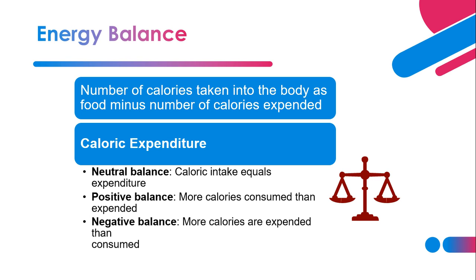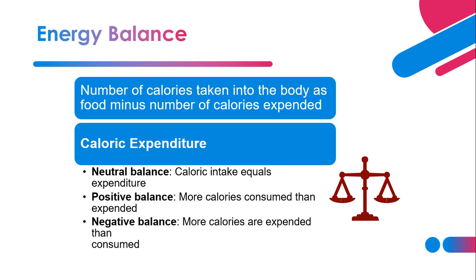Energy balance is important to achieving a favorable body composition. The relationship between food intake and energy expenditure is critical. The relationship is often referred to as energy or caloric balance. Energy is expended through three processes, which we talked about a moment ago.